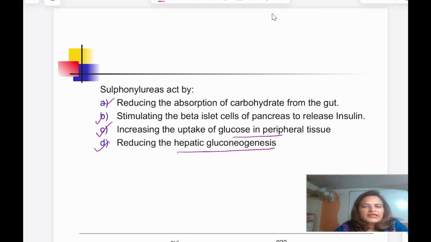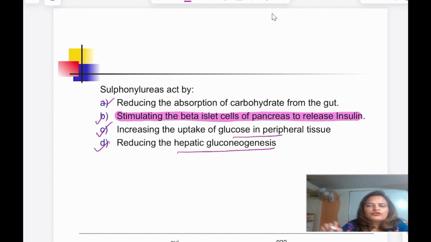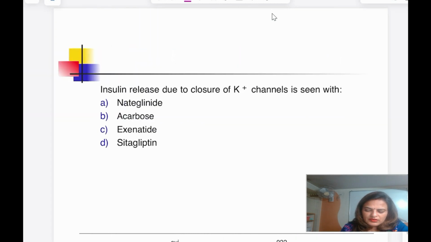The correct choice is the second, because they are insulin secretagogues. They stimulate beta islet cells to release insulin.